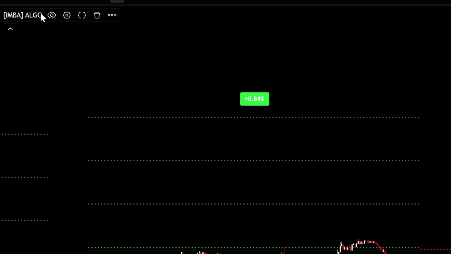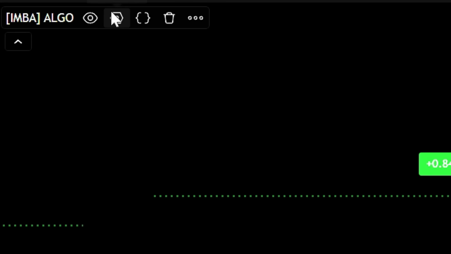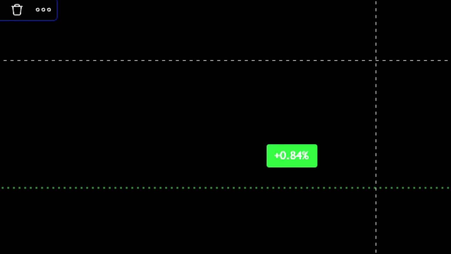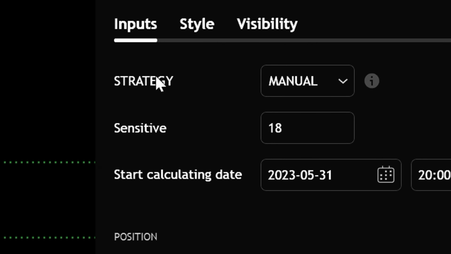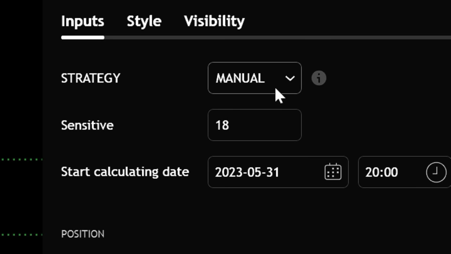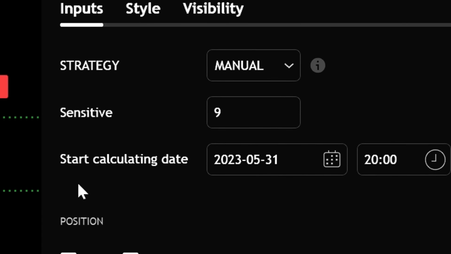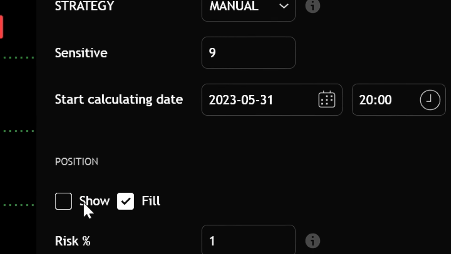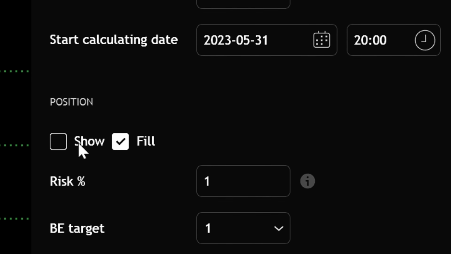Now let's optimize it for our strategy. Open the indicator settings, go into the inputs tab and set the sensitivity to 9. This makes the signals tighter and removes unnecessary noise. Next, under the position section, disable the show option.